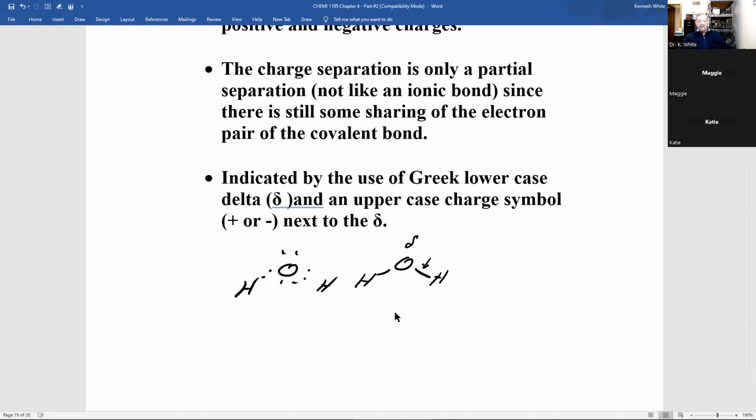But because the oxygen is more electronegative, there's a slight negative charge on the oxygen and a slight positive charge on the hydrogen. Same thing on this side. And this really is happening in water.